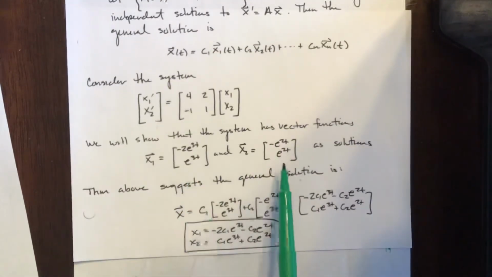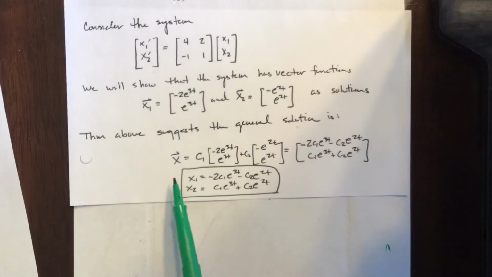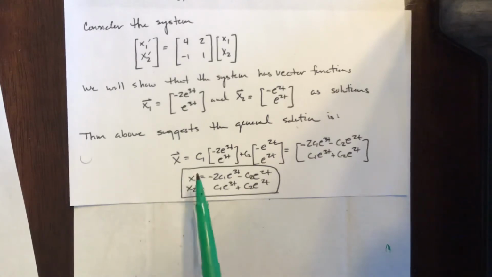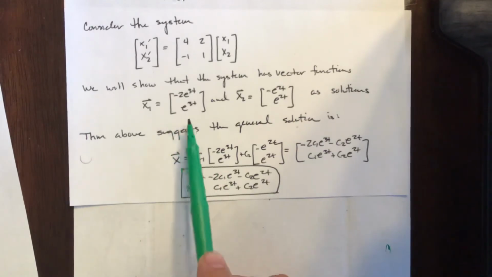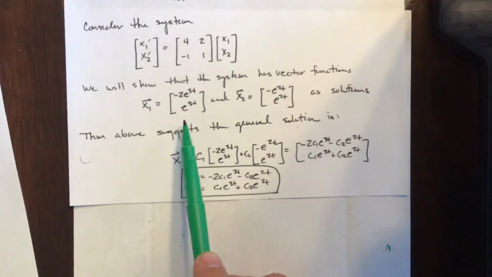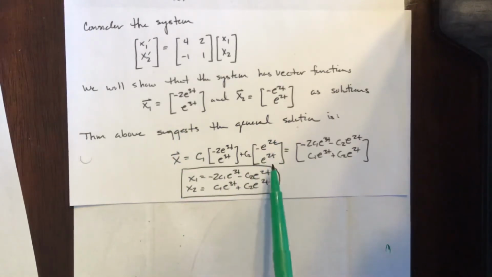Well, there's vector 1, there's vector 2. So the theorem above says the general solution to x prime equals Ax is scalar times vector 1, that's this one that I'm going to demonstrate in another video is a solution, plus scalar times vector 2, that's this one.